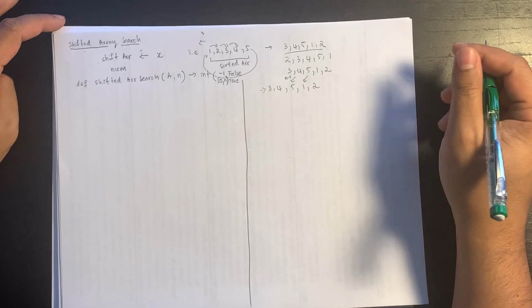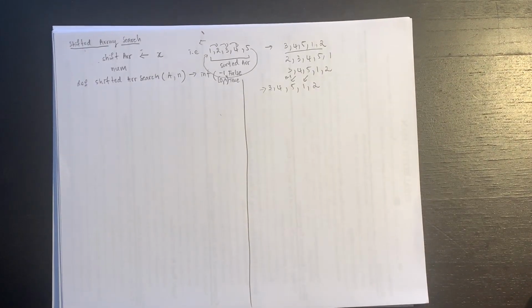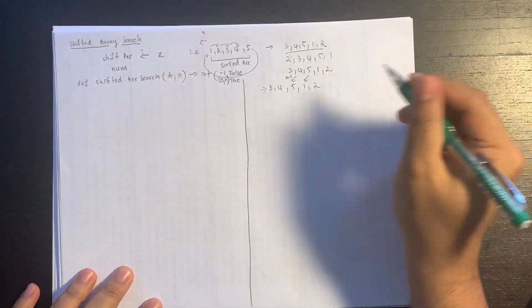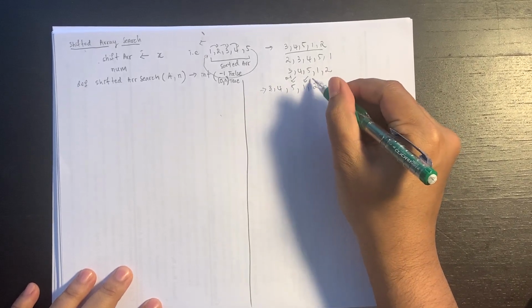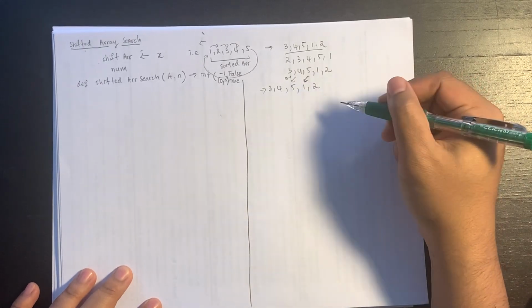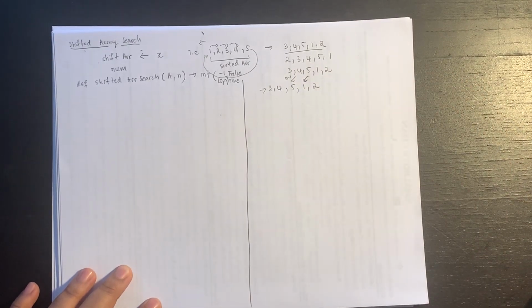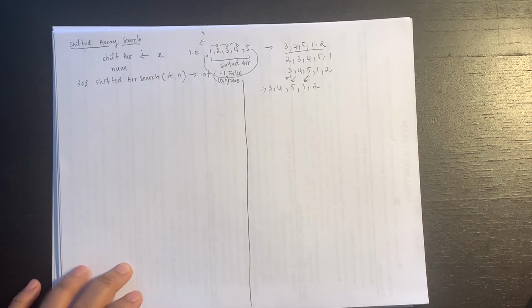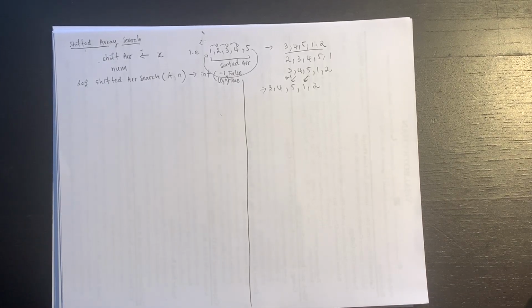It's kind of tricky. So for example, first we need to figure out where the array starts, like where is the smallest number. How do you find the smallest number?